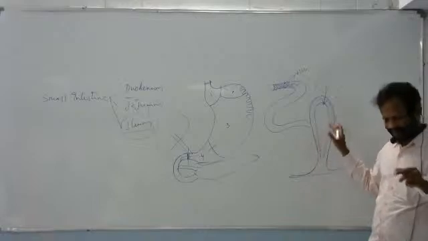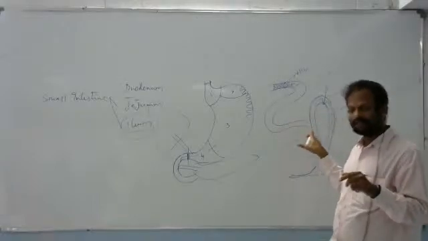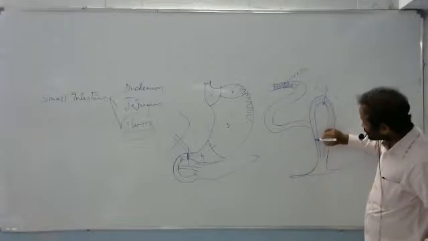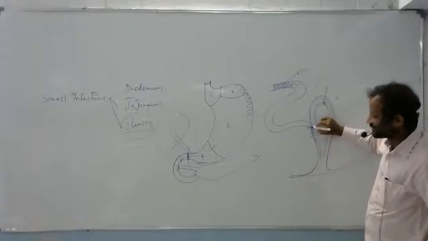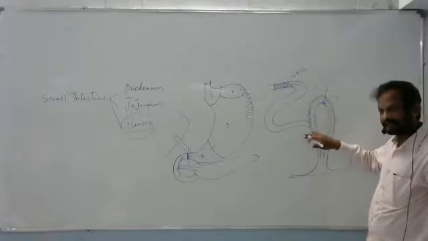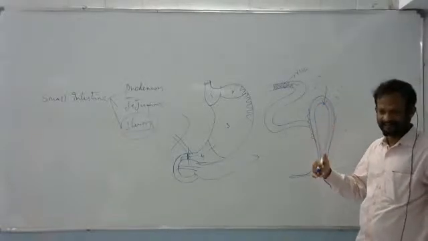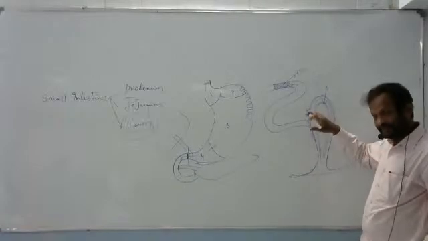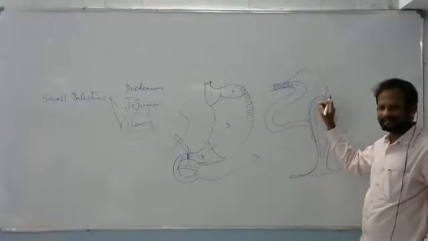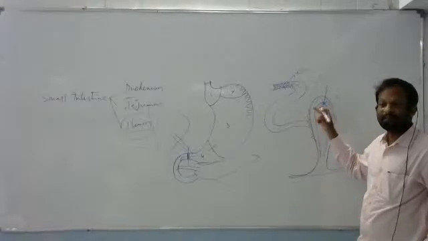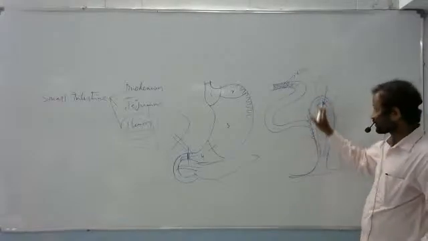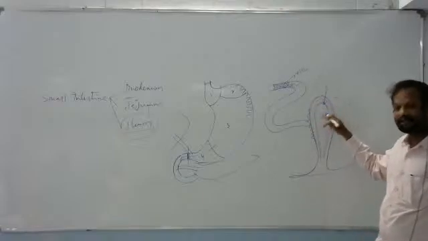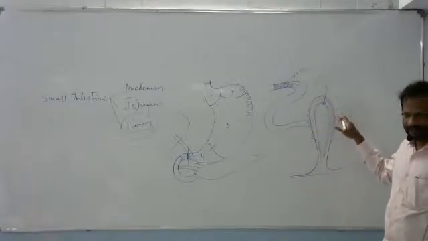Nerve is there because sensation is needed. If you see this villus, on the surface of this villus again we can find foldings. To increase the surface area further, each villus is again folded into finger-like structures called microvilli.